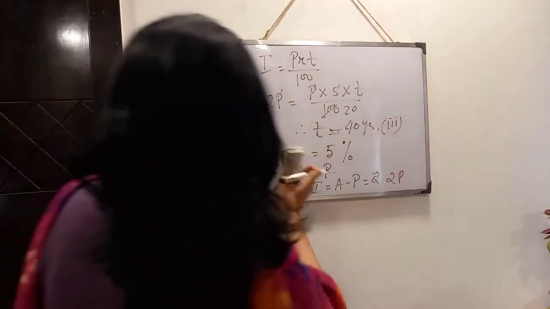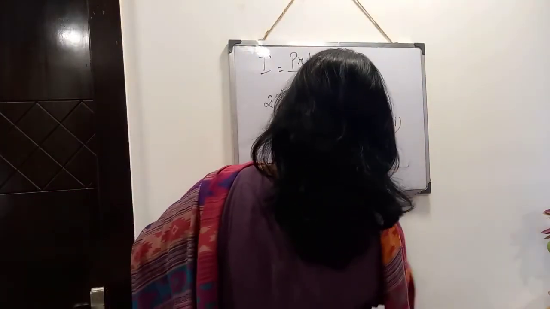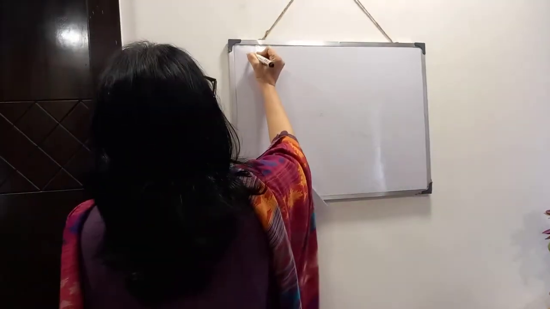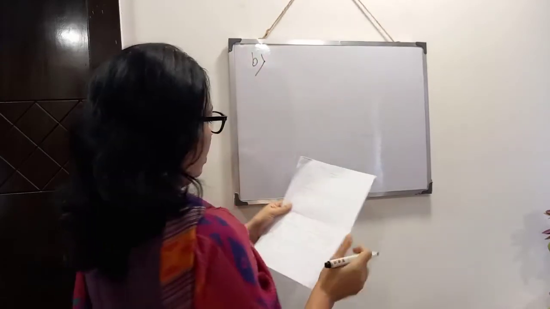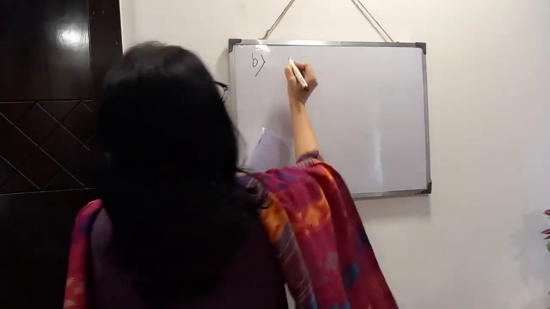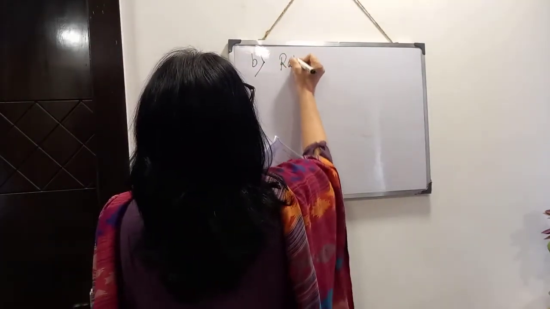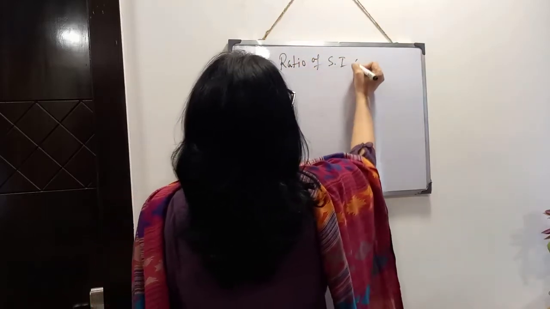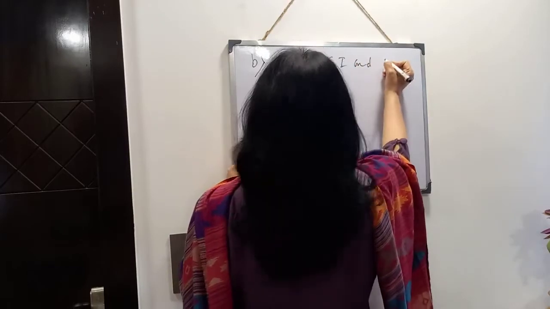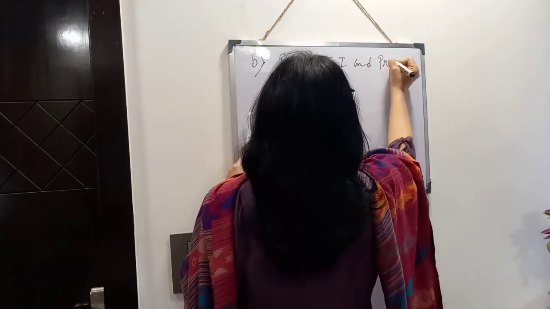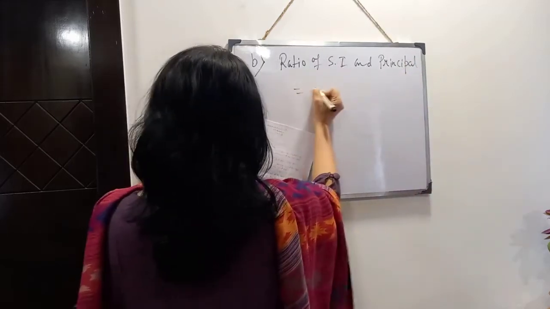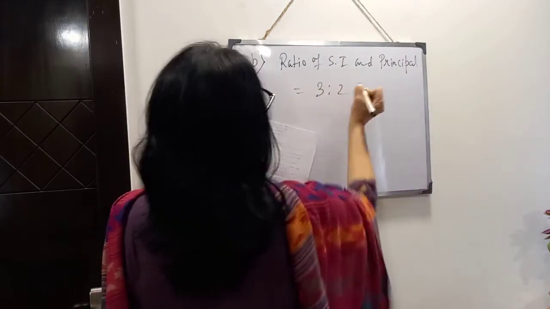Now in number B. In how many years will the ratio of simple interest and principal be given 3:2?